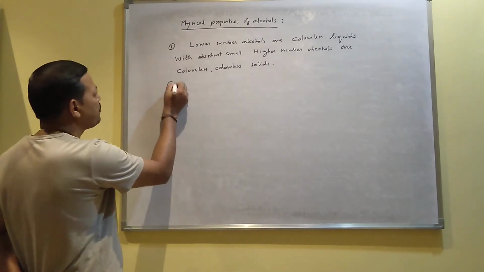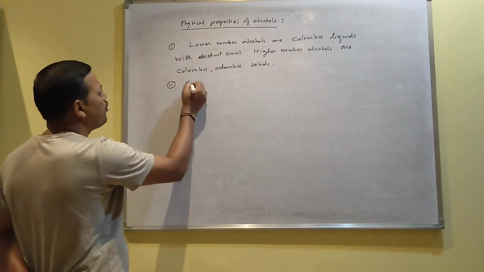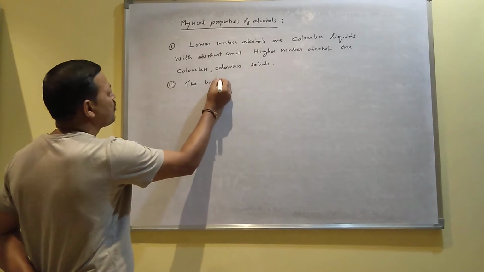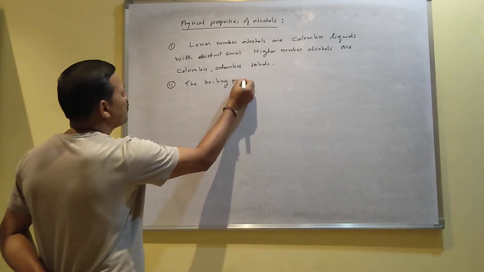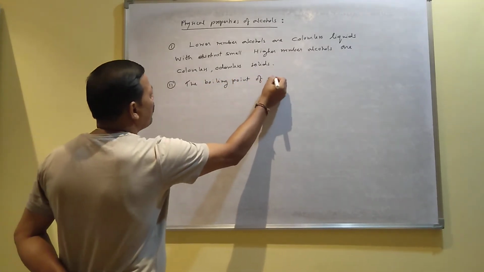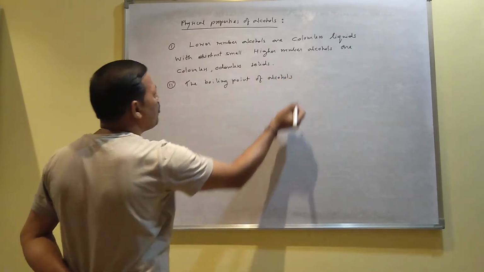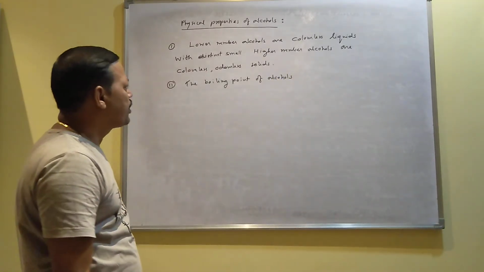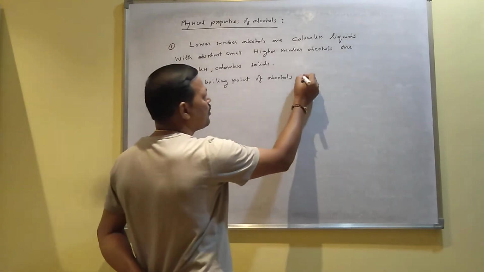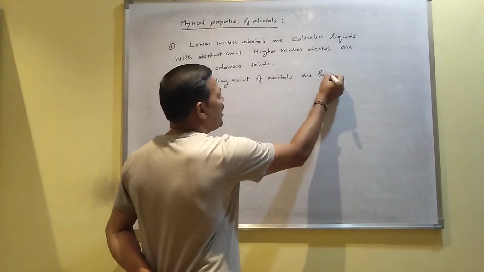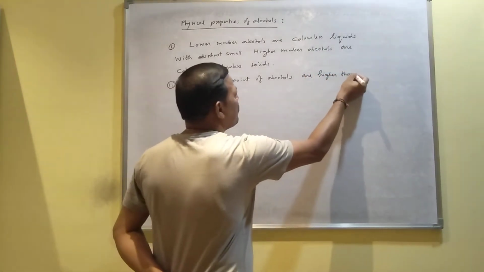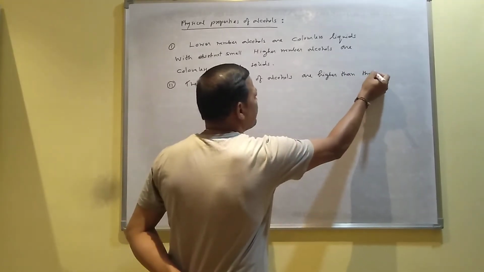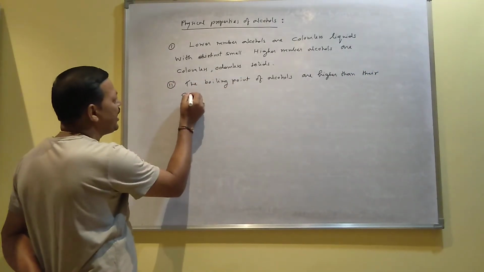Second one, the boiling point of alcohols. The boiling point of alcohols is higher than their corresponding alkanes.